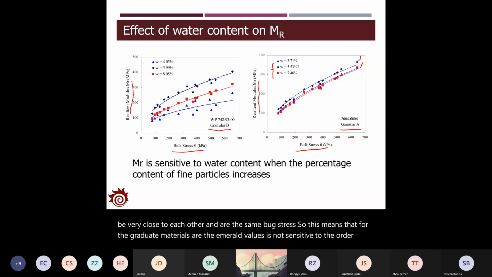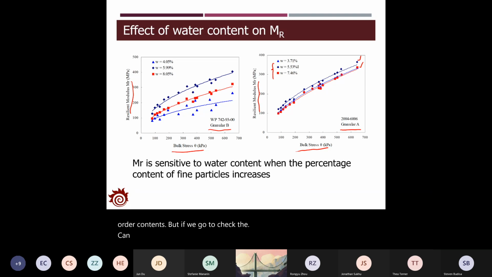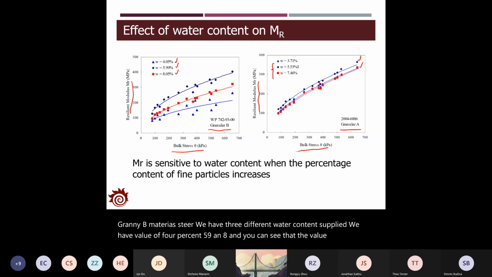But if we check the granular B materials, still we have three different water contents applied: 4%, 5.9%, and 8%. And you can see that the value of the resilient modulus will be very different under different moisture contents.